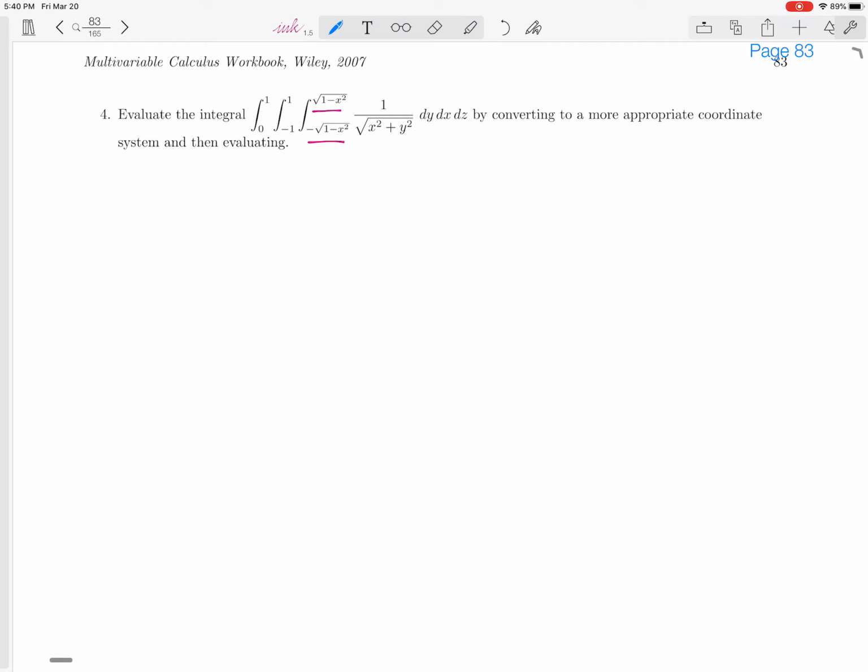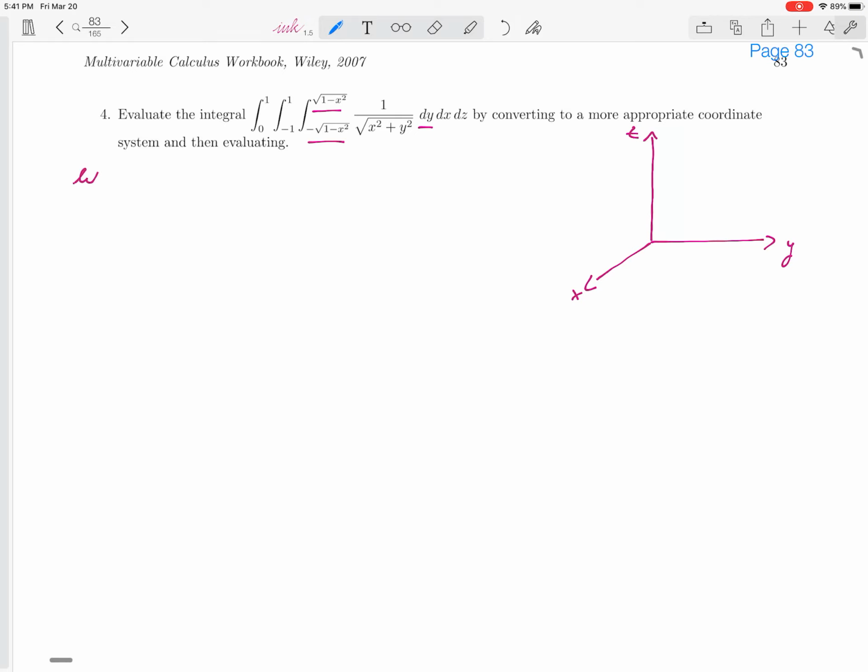And like before, in previous sections, we are going to work from the inside out. So let's draw. Here's my coordinate system, x, y, z. And since the innermost limits are limits with respect to y, you can think about it describing a surface on the left and a surface on the right.